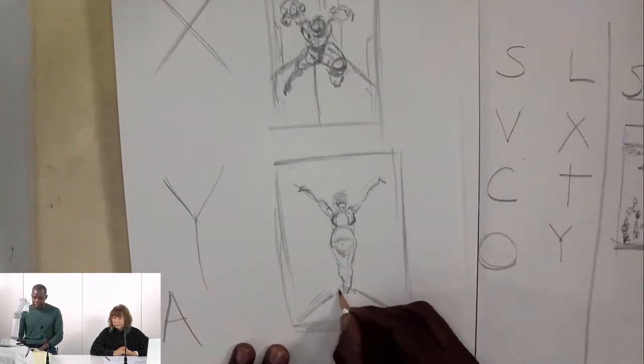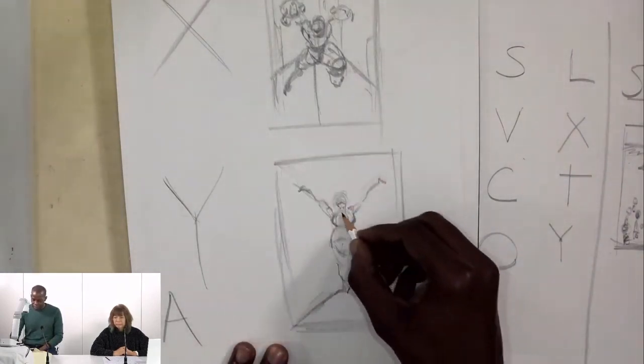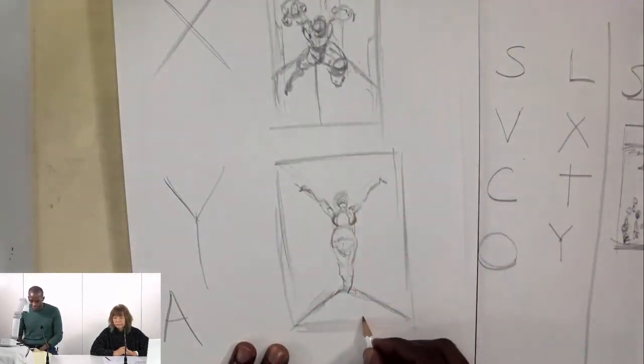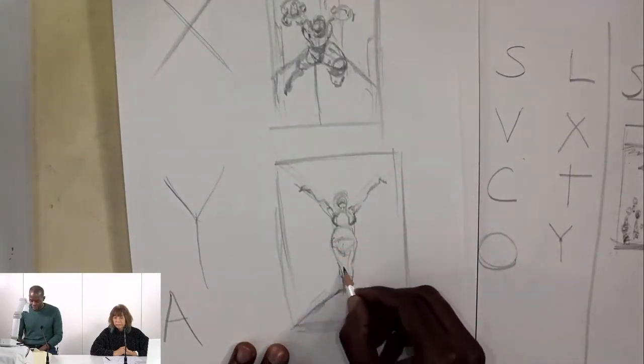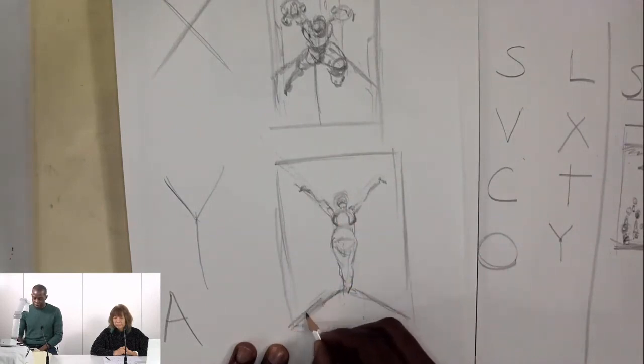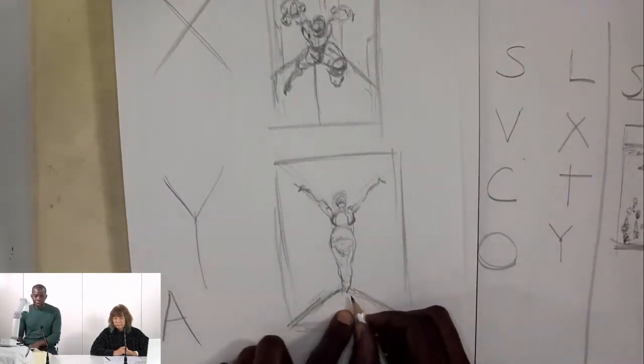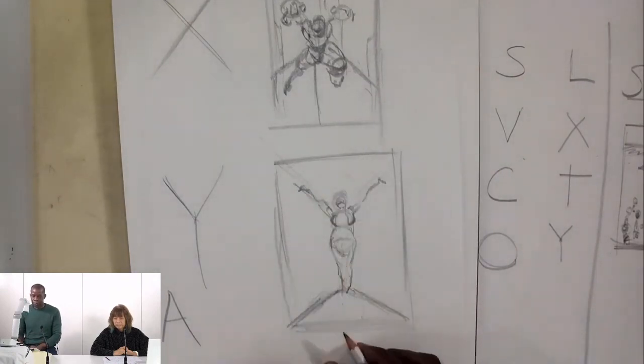But you see how your eyes zoom in like that. So you have your Y composition here. Even though I have this mountain or this shape supporting it, the Y is also helping it.